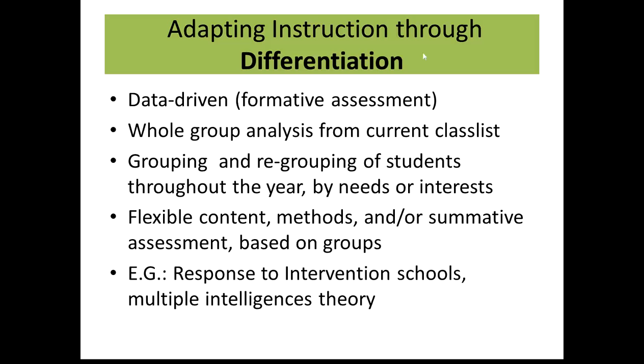Multiple intelligence theory by Gardner is a theory that supports differentiation based upon children's interests and their, as Gardner said, their giftedness or their intelligence in some of the different areas: musical intelligence, mathematical intelligence, spatial intelligence, interpersonal skills, intrapersonal skills.